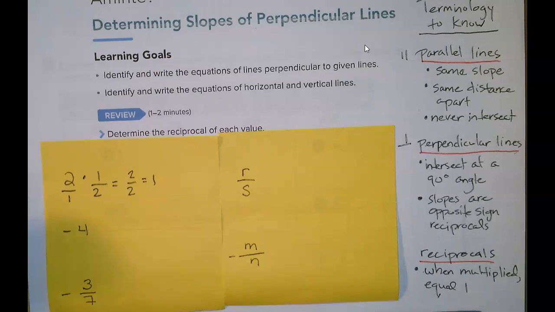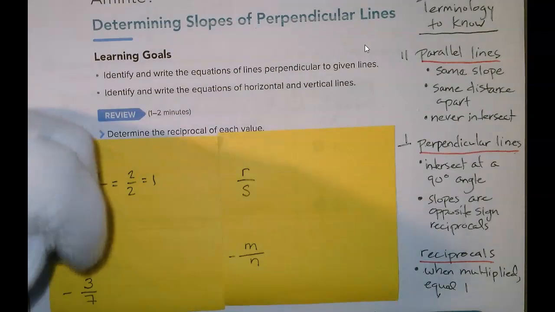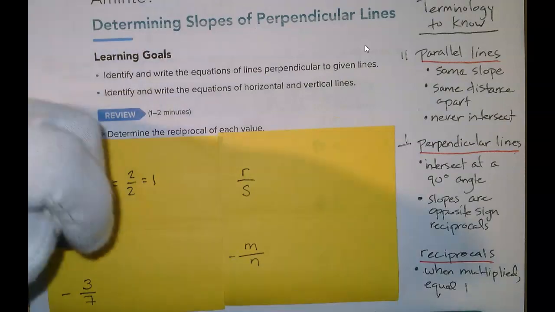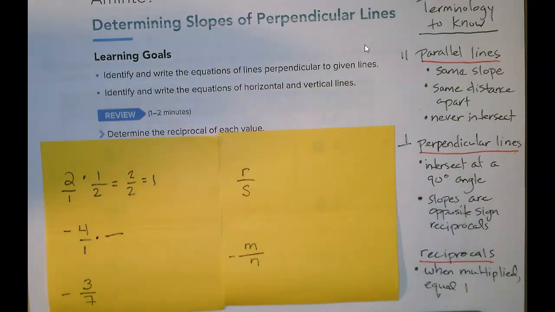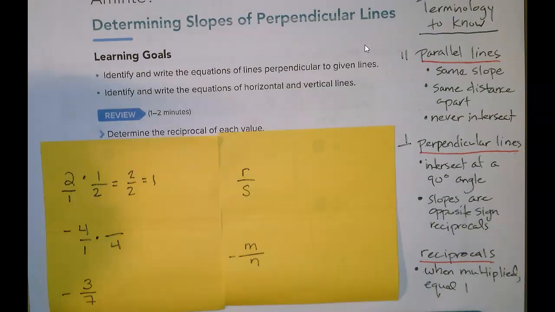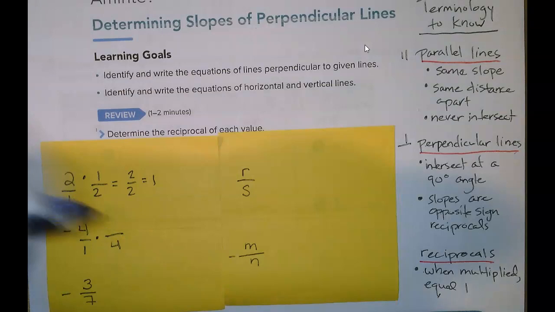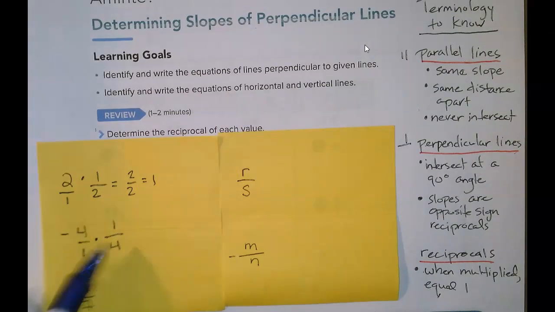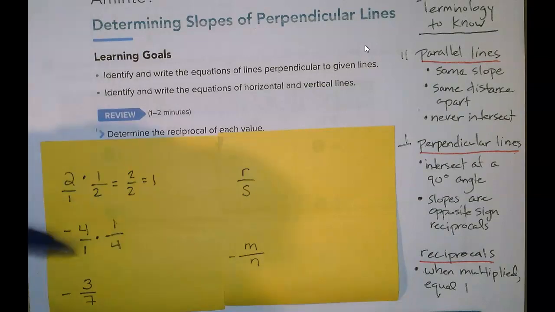Let's try one with a negative. So if you express negative 4 as negative 4 over 1, we need to multiply by something that will equal 1. So basically, we need to have a 4 down here, and we need a 1 up here, so that these two things will be the same, and these two things will be the same.